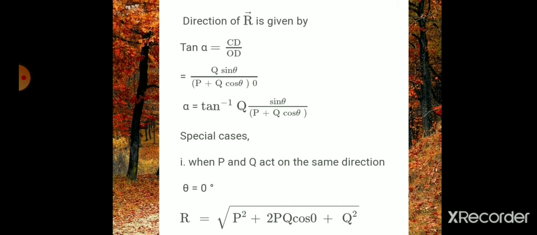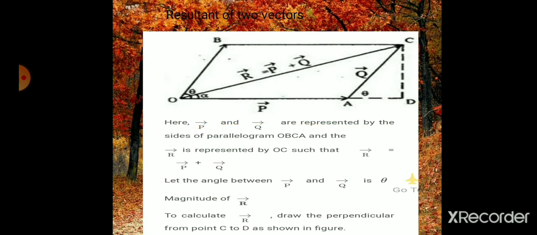The direction of R can be got from tan alpha, where alpha is the angle made by the resultant vector with vector A. So tan alpha is written as CD by OD. From the figure we can write tan alpha is equivalent to CD by OD.